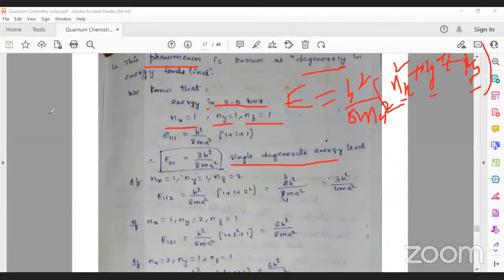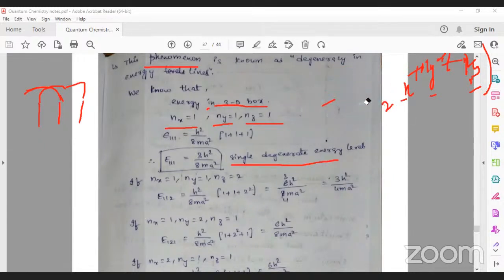So nx is equal to 1, ny is equal to 1, nz is equal to 1. You can interchange these values and we will get only the same energy. So that's why that is a singly degenerate energy level.